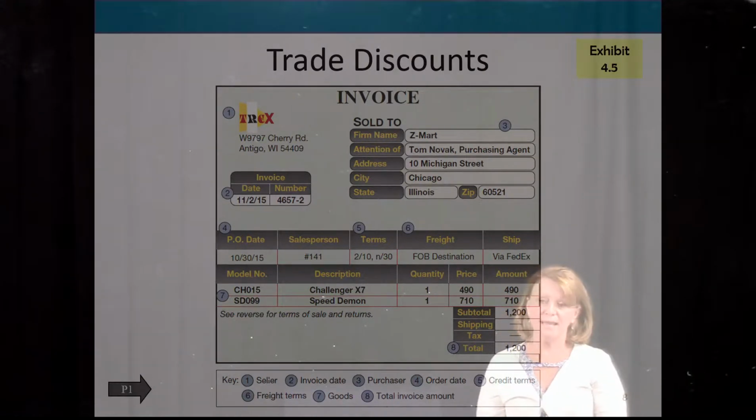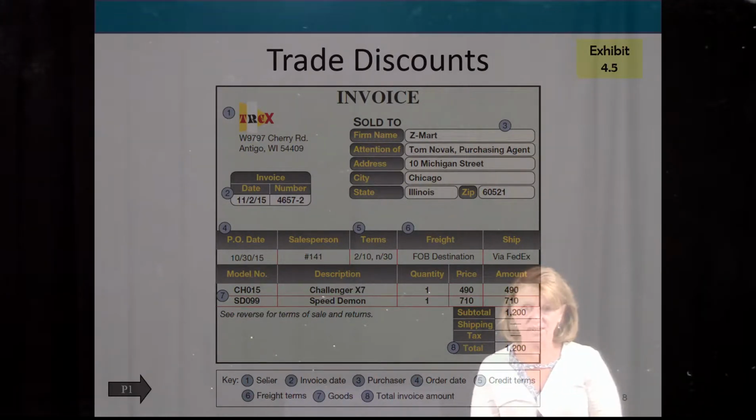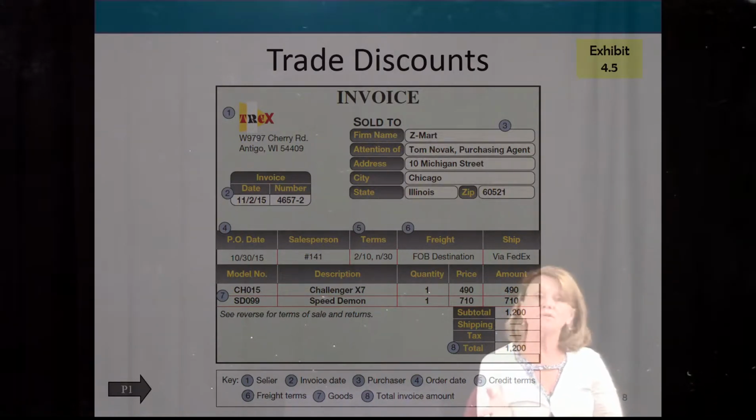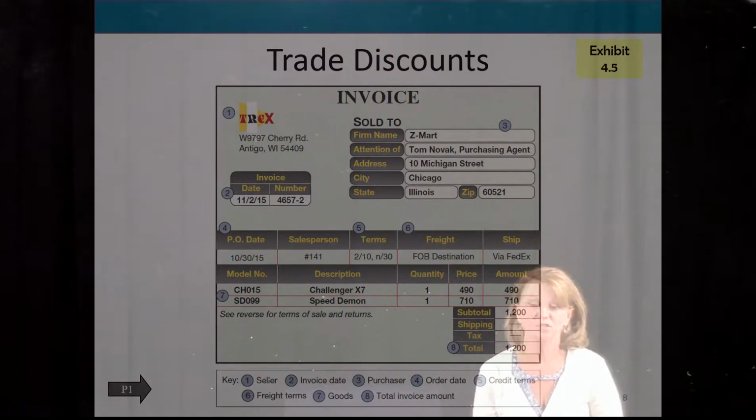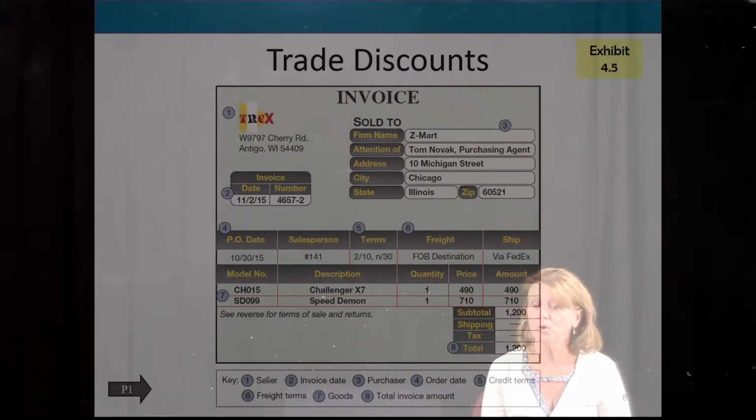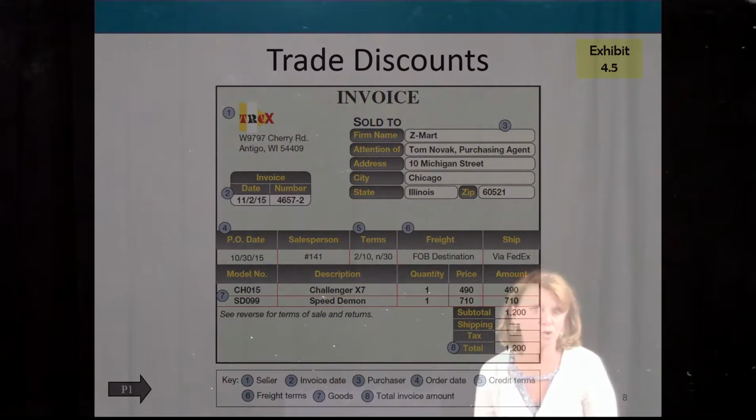But this is what an invoice looks like, and there's a few things on it that I want to point out. This is a source document, so this is what would come into your company when you receive the shipment. It shows the invoice date and number, who it was sold to, the address, the purchase order date, who the salesperson was. Terms, we're going to talk about terms in just a few minutes.